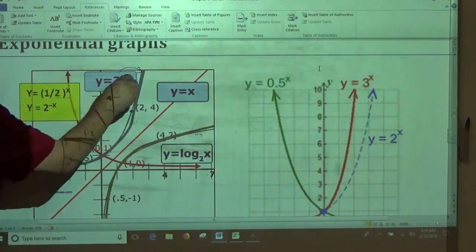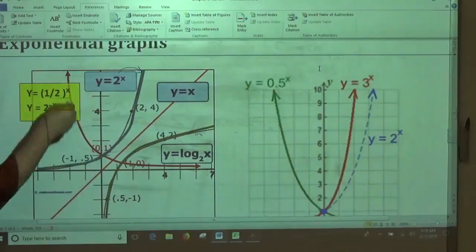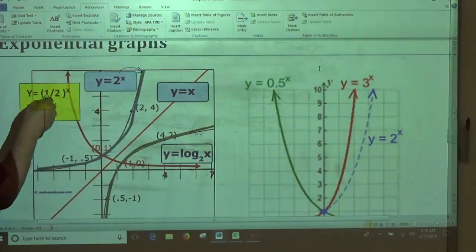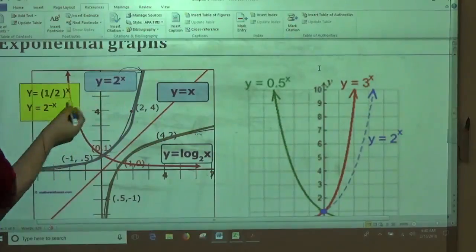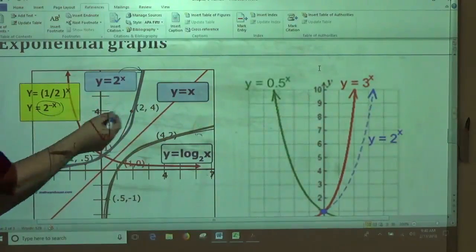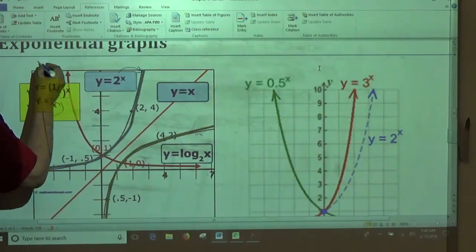So you should know that the parent graph looks like this, and that the inverse looks like that. So those things come across. Later on, we're going to get to a question about the logarithm. So the difference between this and this are reflected across the y-axis.